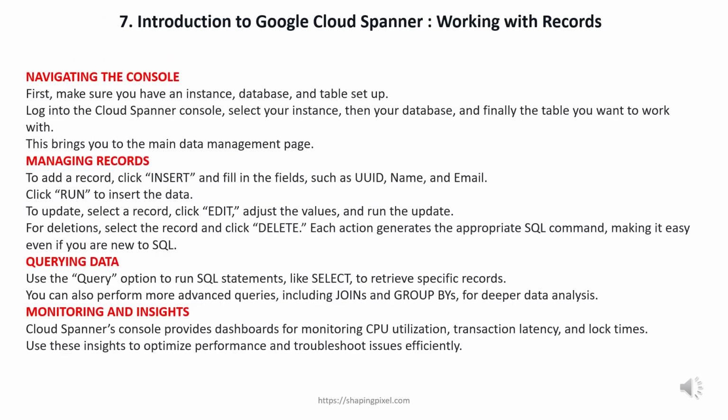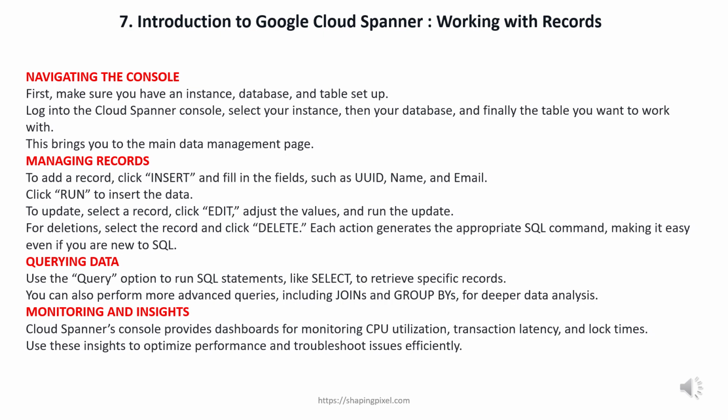Managing records in Cloud Spanner is straightforward, especially using the web console. While most applications interact with Cloud Spanner through code, the console offers a hands-on way to add, edit, and query your data directly. First, make sure you have an instance, database, and table set up.